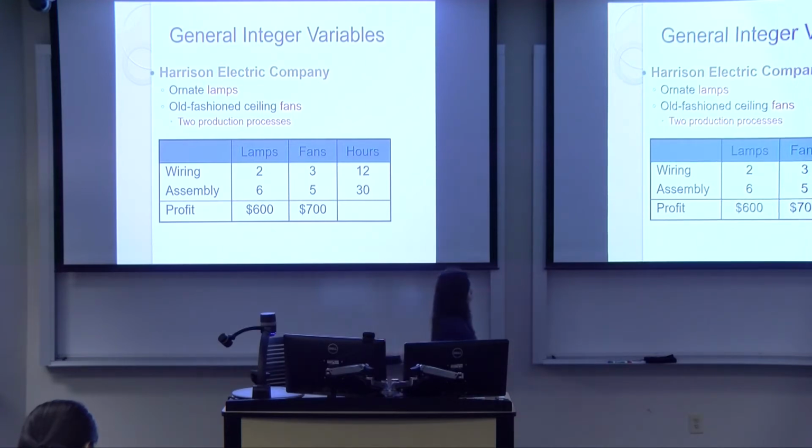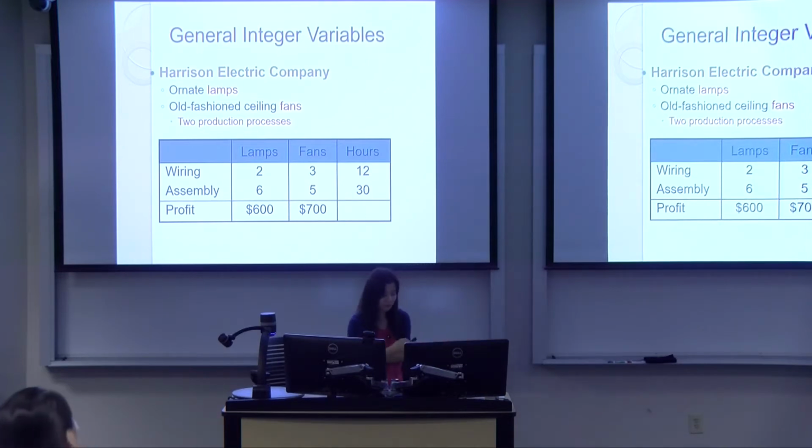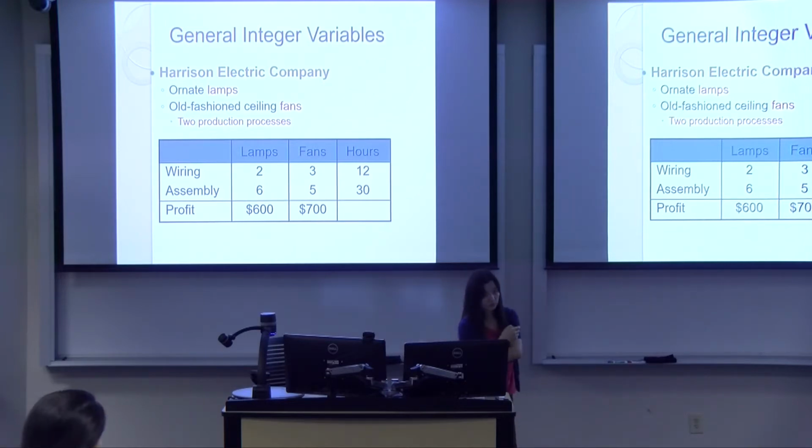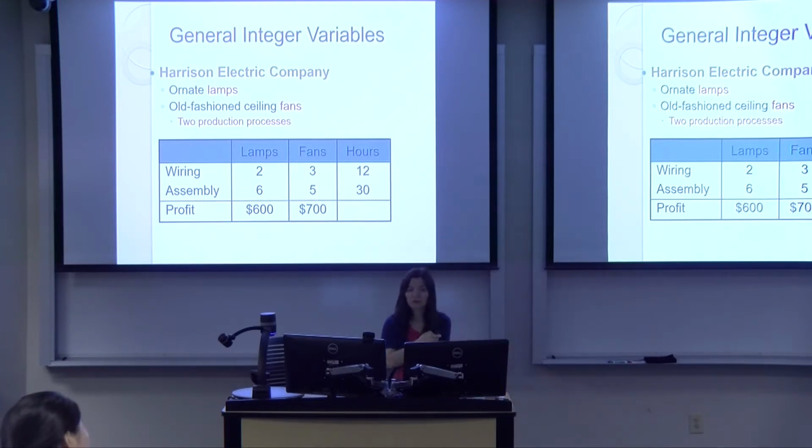So how many decision variables do we have? 2. And how many constraints? What are they? Wiring time, assembling time, then non-negativity constraints.